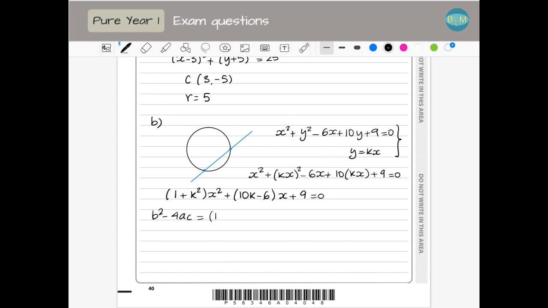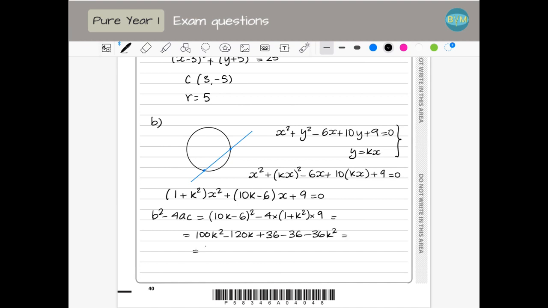So b squared is (10k minus 6) squared minus 4 times a, which is (1 plus k squared), times c, which is 9. We can expand the brackets and reorganize this a bit, and we have 100k squared minus 120k plus 36 minus 36 minus 36k squared.